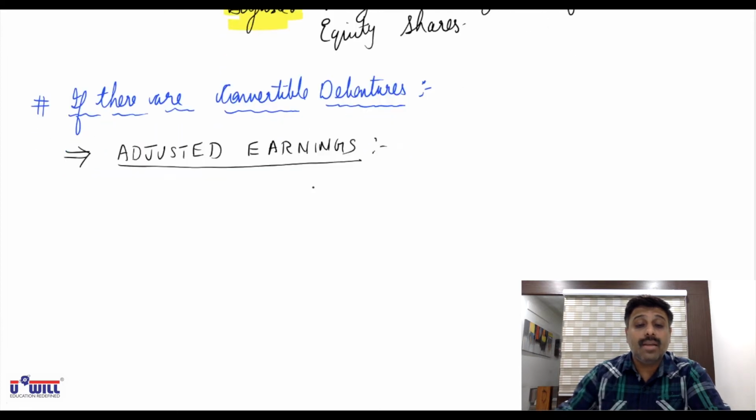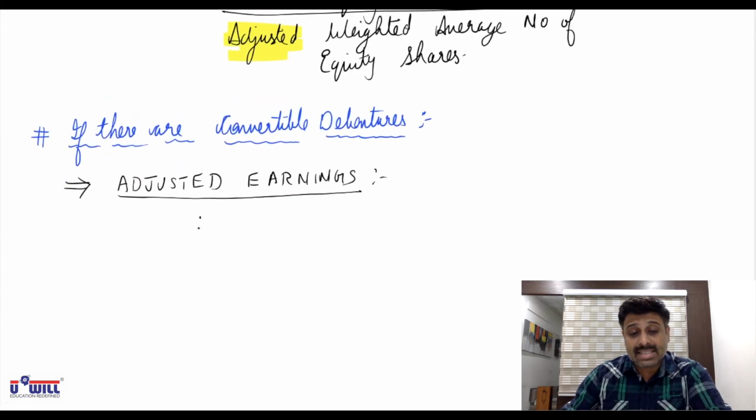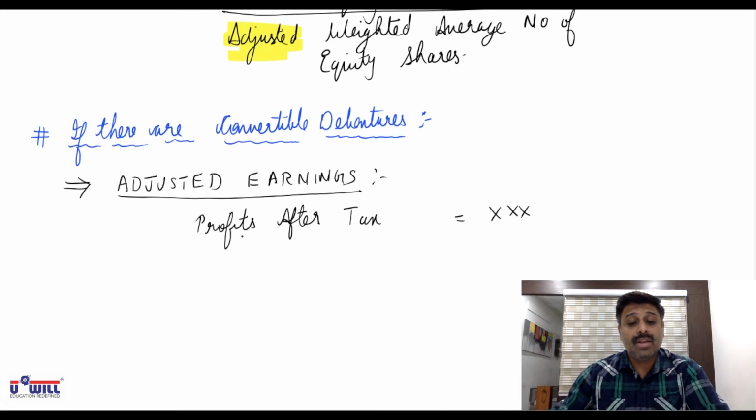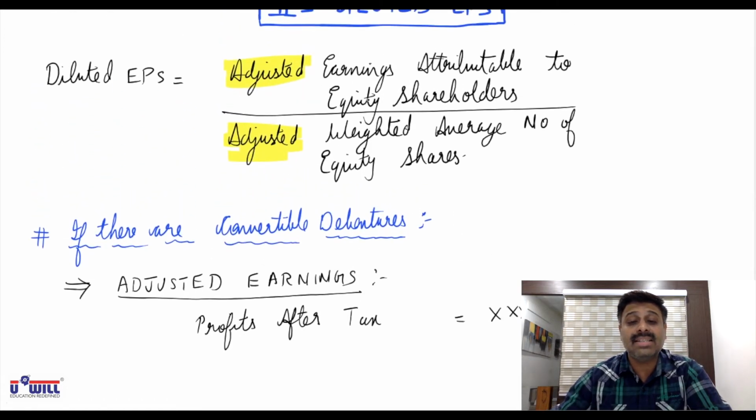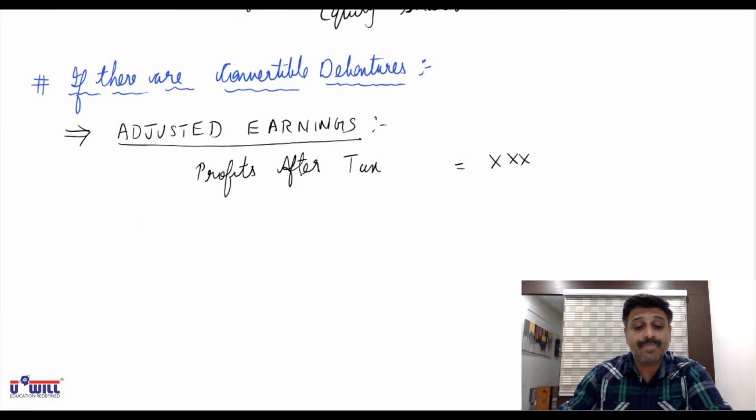Now see, first we start with existing profits after tax. Assuming there are no preference shares, whatever the existing profits after tax are, they are the earnings attributable to equity shareholders.